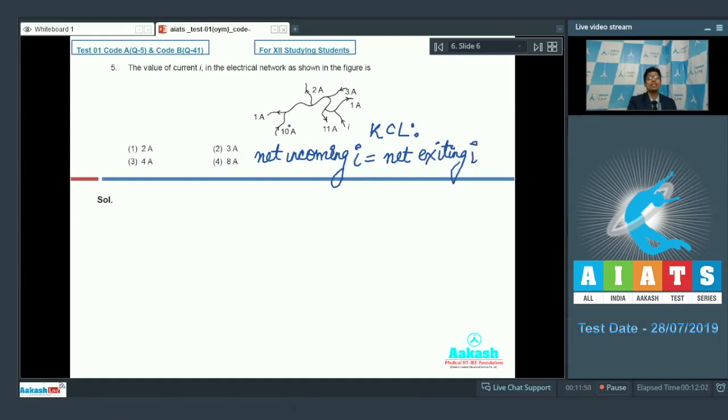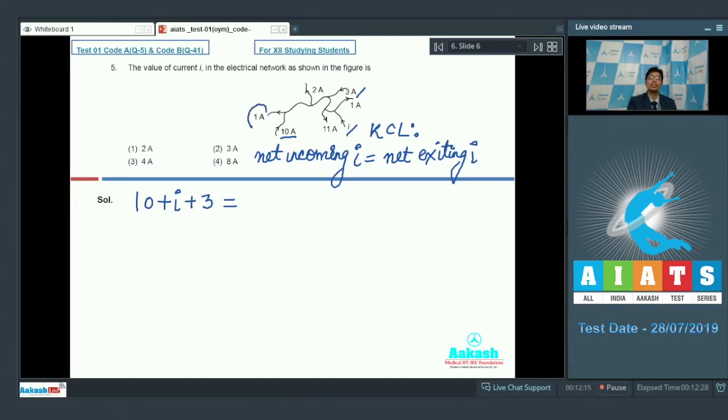Now dear students, in this particular diagram or the network of currents, we can see that 10 ampere current, I and 3 ampere currents are the currents which are incoming. So the net incoming current can be written to be equal to 10 plus I plus 3. This should be equal to net exiting currents.